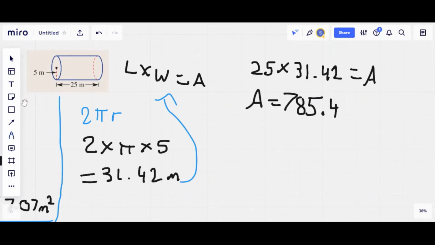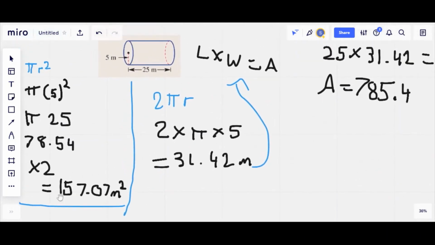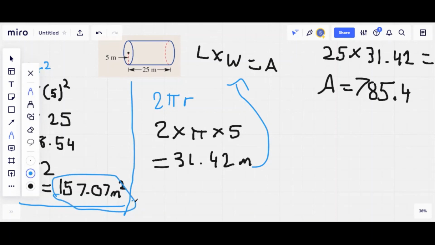And if we look back here, we've got the area of our circles added together. So let's take this and move it back over here, and we'll add these two areas together to find our total surface area. So 785.4 plus 157.07.